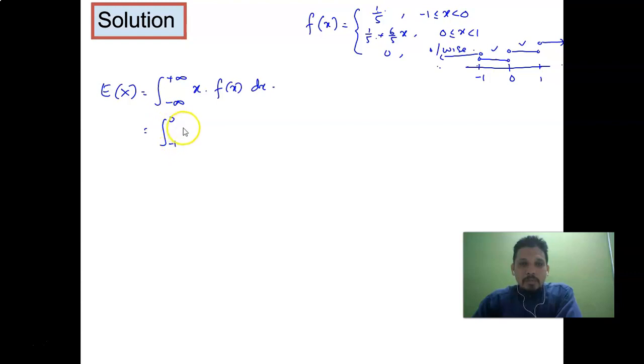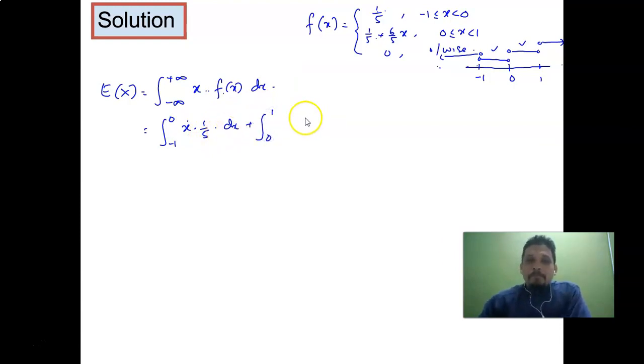From negative 1 to 0, x multiplied with 1 over 5 dx, since f(x) equals 1 over 5 here, plus from 0 until 1, x multiplied with 1 over 5 plus 6 over 5 x dx.